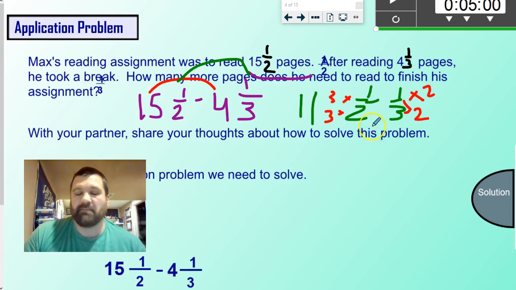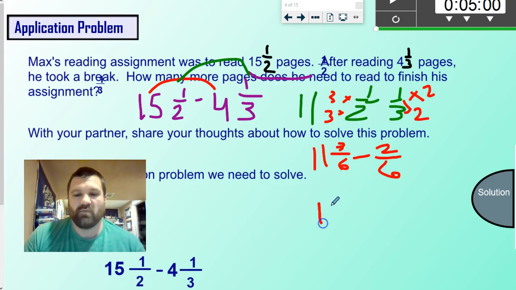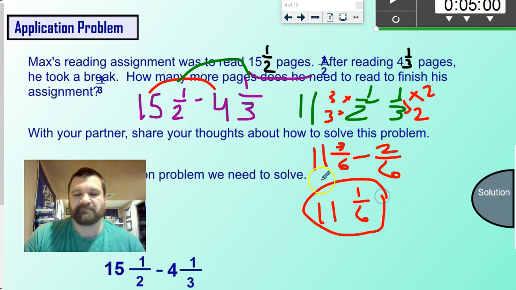Okay, and then we end up with 11 and 3/6, take away 2/6. Well, now we can subtract. So 3 minus 2 is 1/6. So you end up with 11 and 1/6. That should have been your answer.